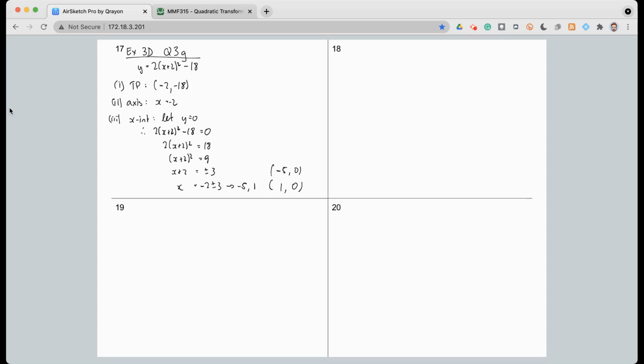I can now draw it, and I'm just doing this pretty roughly, as you're familiar with now. That's my x, that's my y. I've got x equals 1 for one of my intercepts, so I'll put that there. And -5, a distance of 5 away. That looks okay to me. -2, -18 is where the new turning point is.